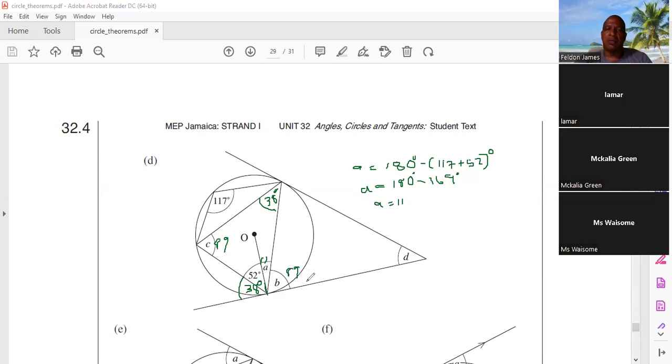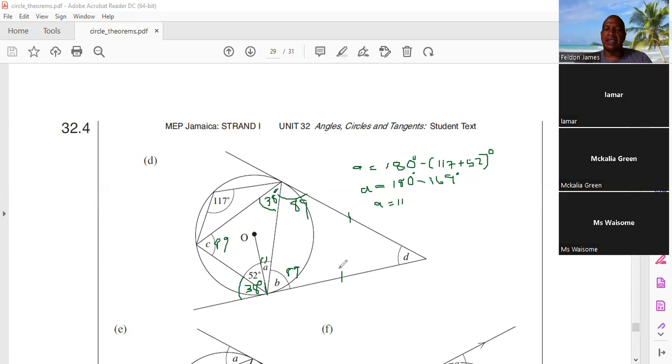And now we can use this: if these two tangents meet the chord at the same point, that means this becomes an isosceles triangle. This line and this line are going to be the same length. So this is going to be 89 up here.